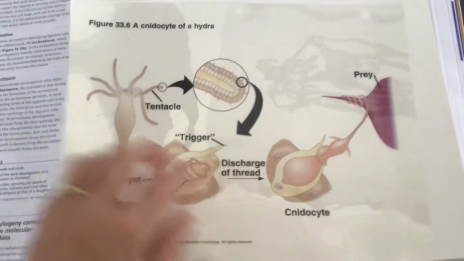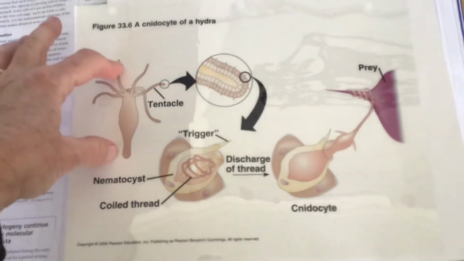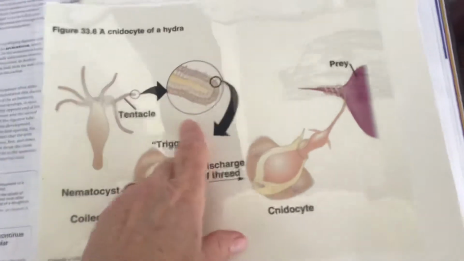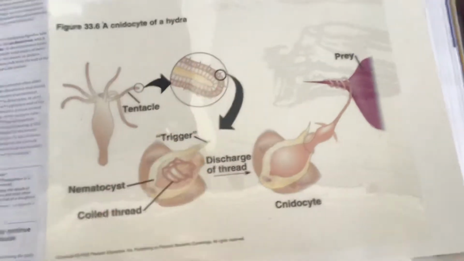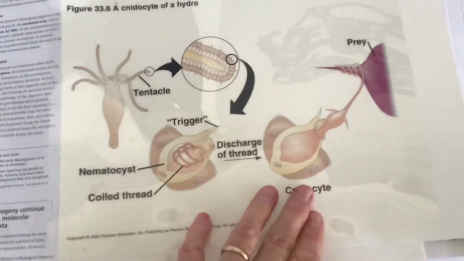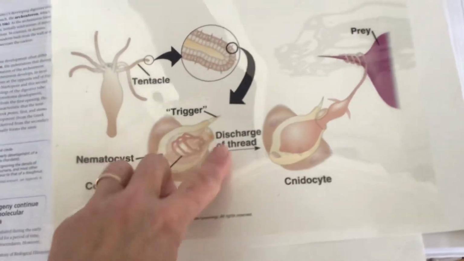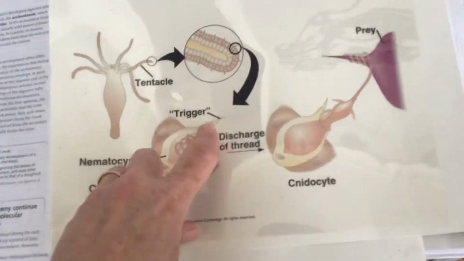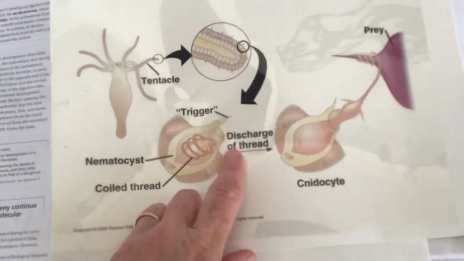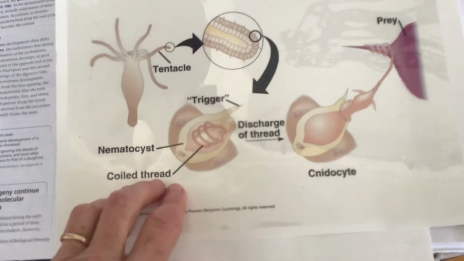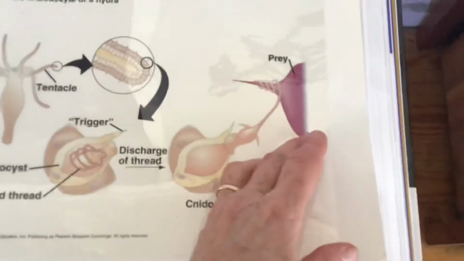If I was looking at a hydra, which is what this is a picture of, lining the hydra tentacles that are coming off are these little cnidocytes. So the cnidocytes are the actual cell. They have a pneumatocyst, which is kind of like the capsule that includes the trigger, and the trigger will, once it's touched, set off this coiled thread, and it will sting its prey.